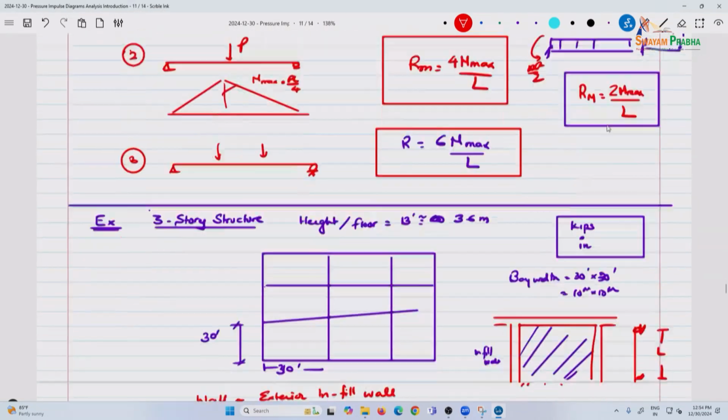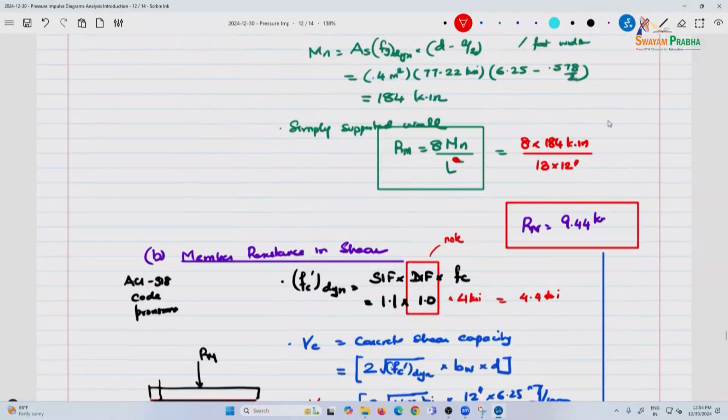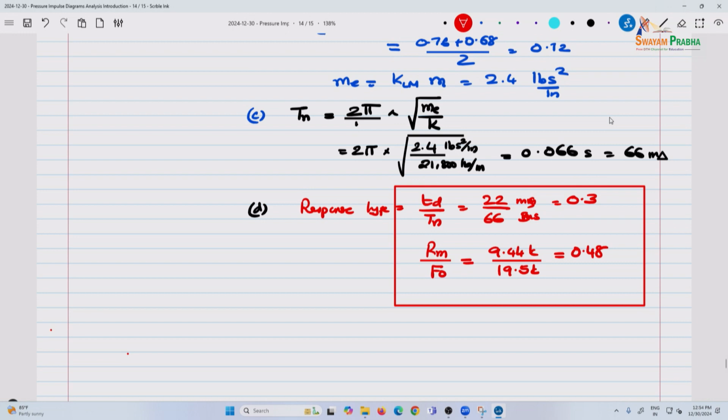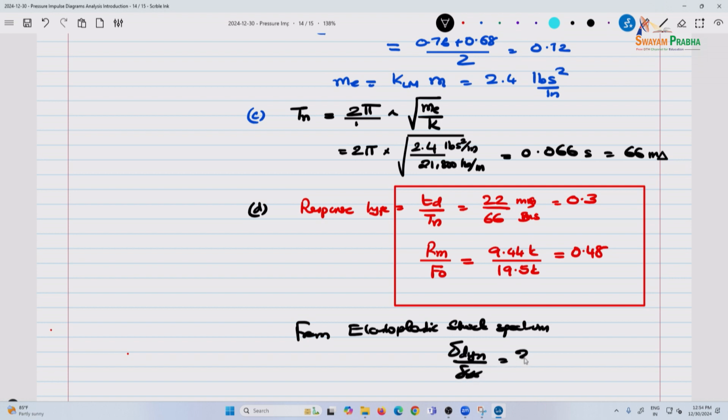So, you can do a little more. I think I'm not very accurate there, but you can do that. So, from the elastoplastic shock spectrum, delta dynamic by delta static equal to 3.